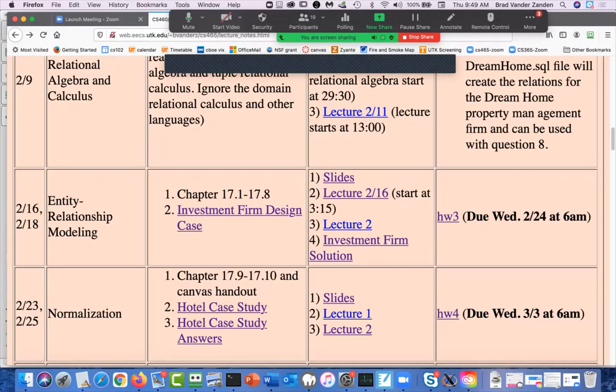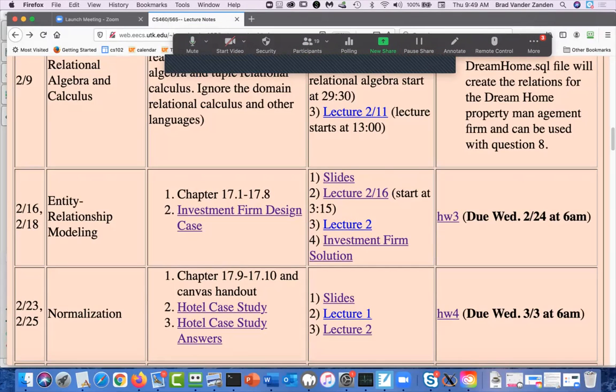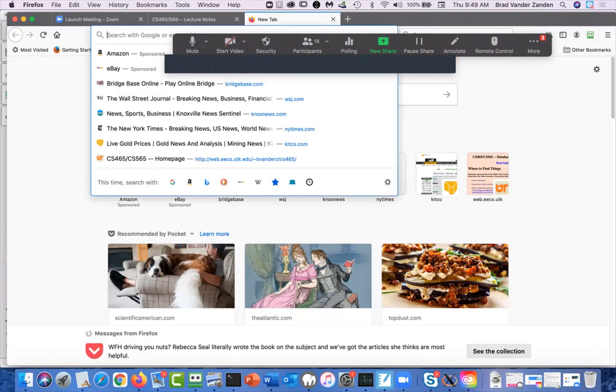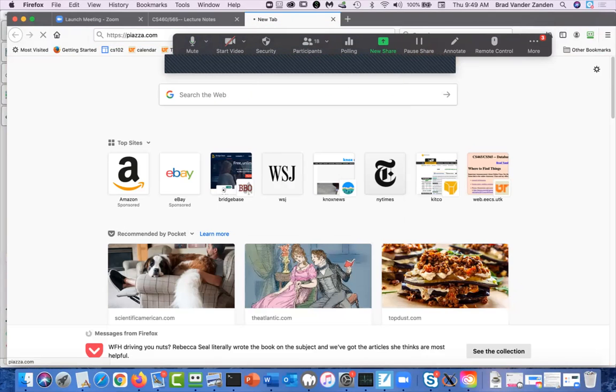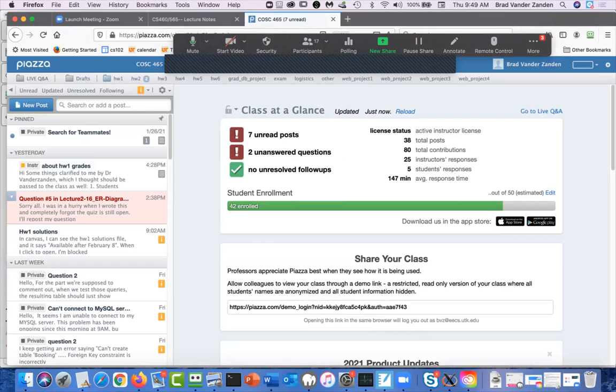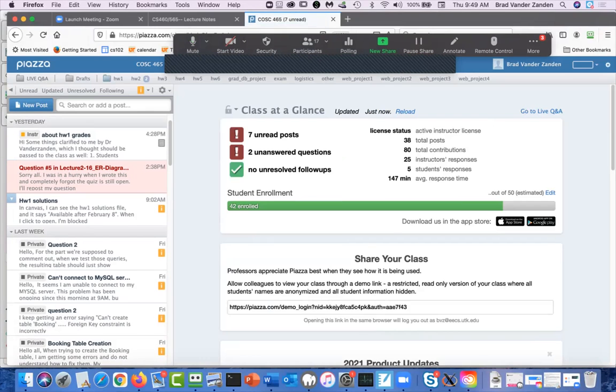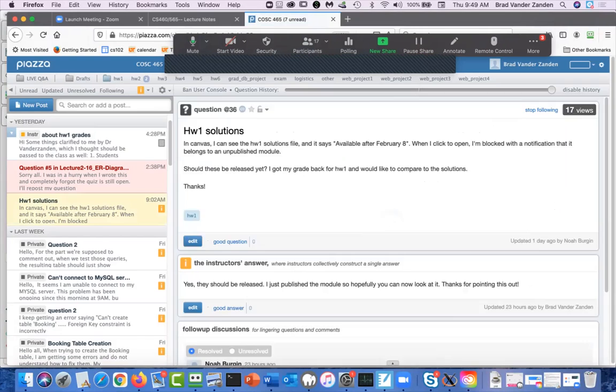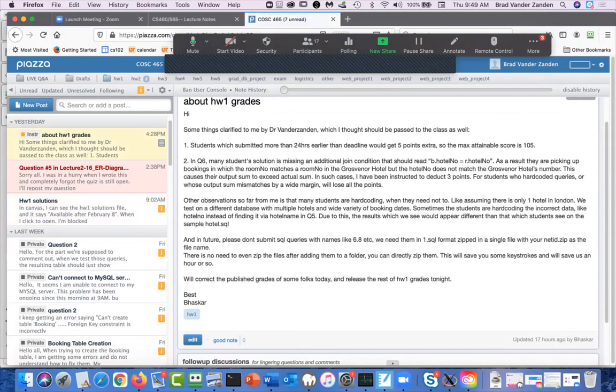Actually, Bhaskar just posted a pretty detailed Piazza post about that. Let me bring up Piazza for a moment. There we go. Here it is. Bhaskar was saying this, and in the future, take a look at that.